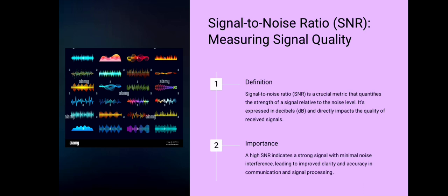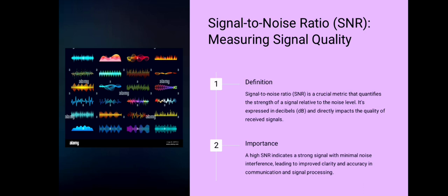A higher SNR means the signal is much stronger than the noise, leading to better communication quality. Mathematically, SNR in decibels is equal to 10 times log 10 of signal power over noise power.